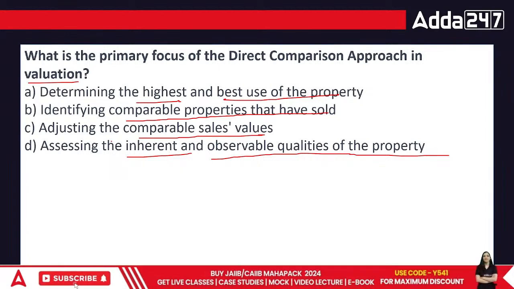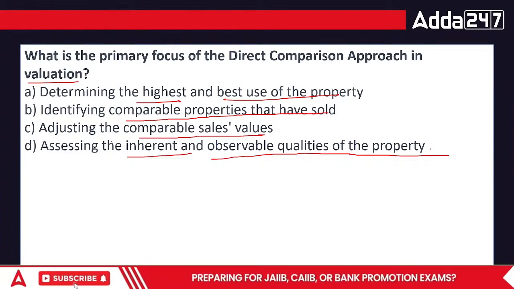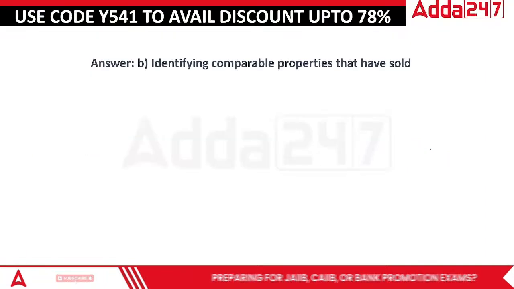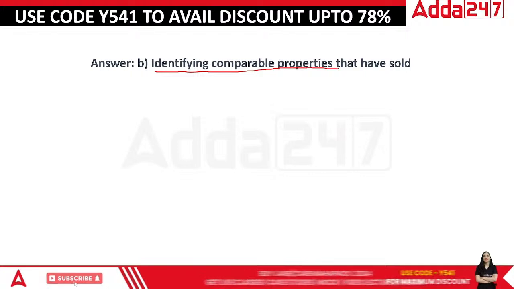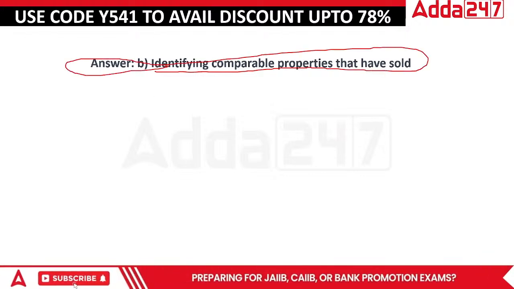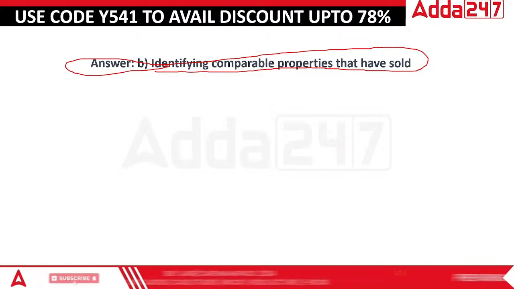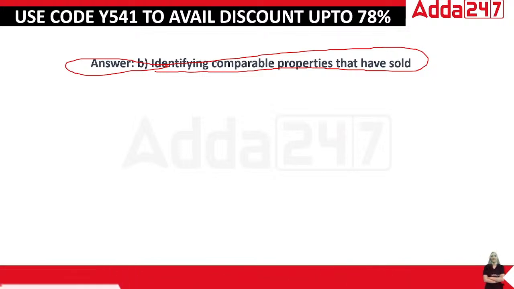The primary area is, as I told you, when we talk about rate comparison approach, we would always try to find out the properties which are similar to ours and how they are sold. For example, if I look at any of my neighbors, what kind of properties they constructed and how they are living in that particular property. That is what we'll be covering in this area. Identifying comparable properties that have been sold.